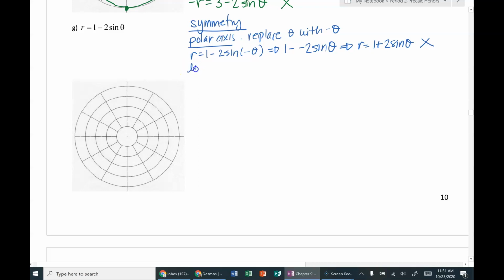Then we can go to the line theta equals pi over 2. This is when we replace theta by pi minus theta.